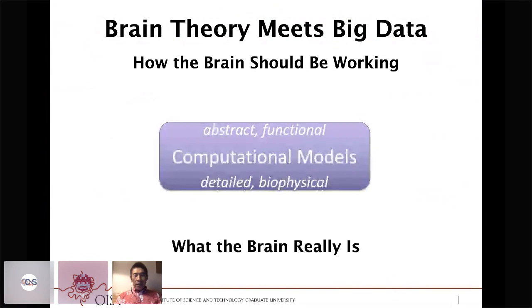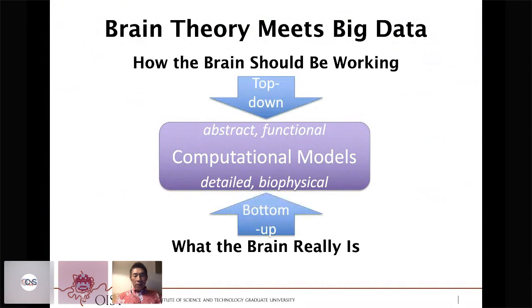To do that, computational models are very important. Some of them are very abstract, functional-level models, and some of them are very detailed biophysical models. Then you have top-down inference about how the model should work, and bottom-up data to constrain our models.